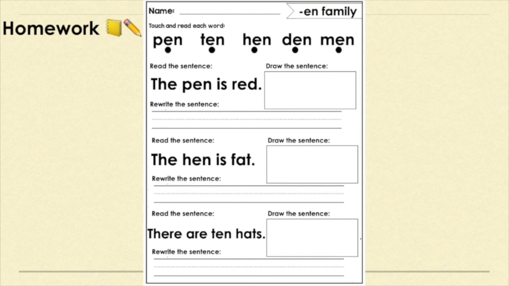This is today's homework. Read the words and the sentences. The pen is red. The hen is fat. There are 10 hats.